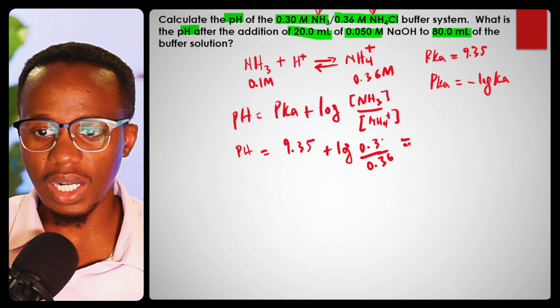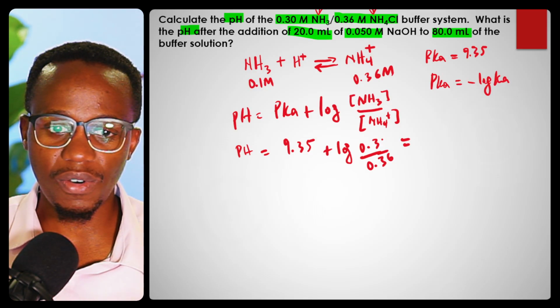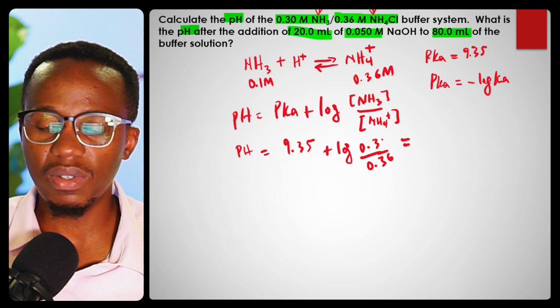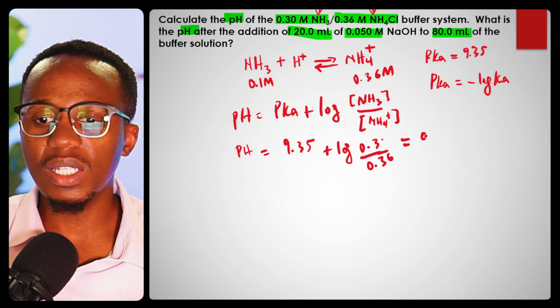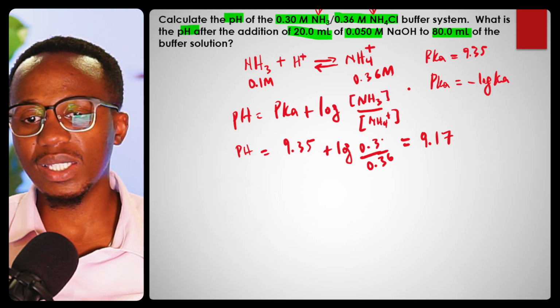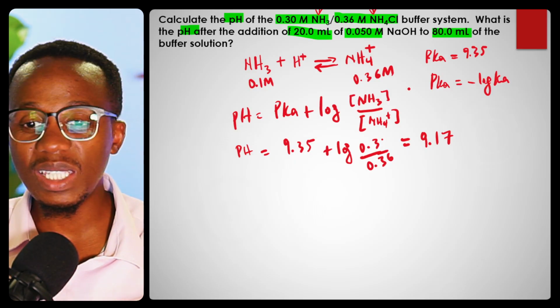So you work it out here, you figure out that the first pH, they calculated this here, 9.17, right? The first pH is 9.17, right? So this is the pH of our system.